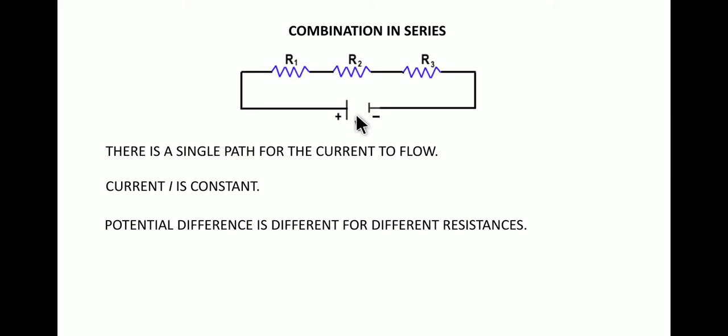The potential difference across R1, R2 and R3 will be different, but if we add the potential differences across R1, R2 and R3, the total is supposed to be the potential difference between the terminals of this cell.